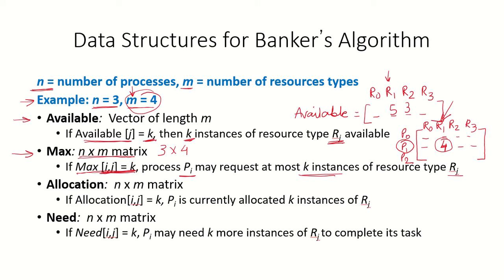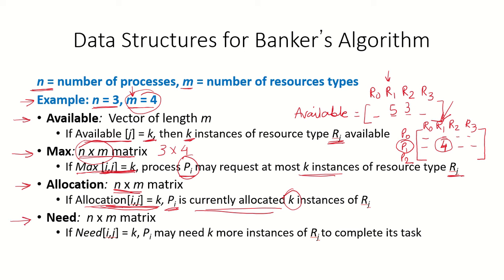So Max[i][j] equal to k represents that process Pi may request at most k instances of resource type Rj. The next data structure is the Allocation matrix, which again is an n by m matrix, similar to the Max matrix. Max matrix was telling us how many maximum instances process Pi may require. Allocation matrix tells us how many are currently allocated to process Pi. That means if Pi is currently allocated k resources, then Allocation[i][j] will be equal to k.